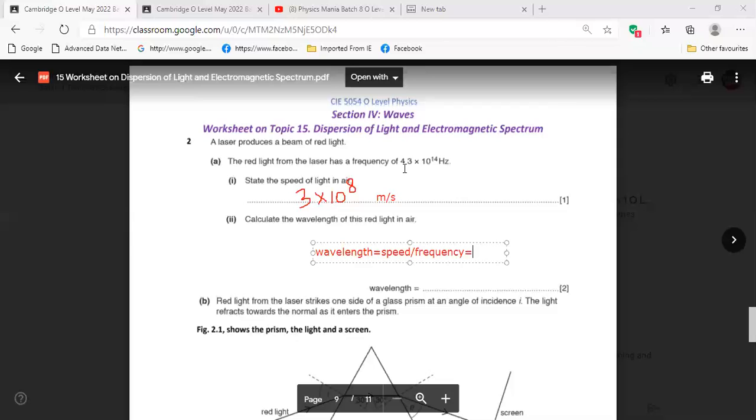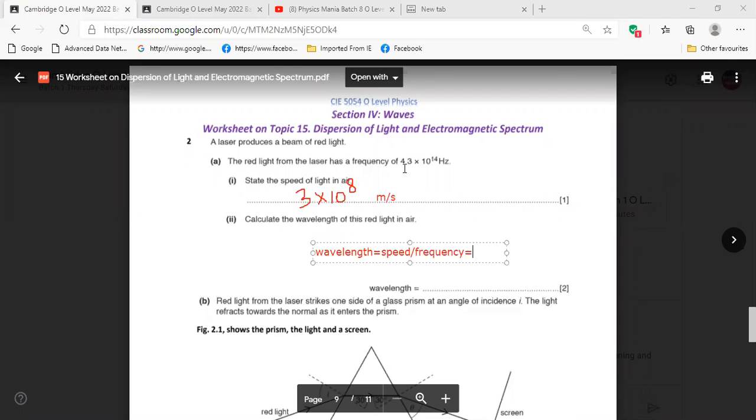0.697. Then your answer is coming 10 to the power 8 minus 10 to the power 14. That means 10 to the power minus 6, right? In the calculator it comes 10 to the power 21.